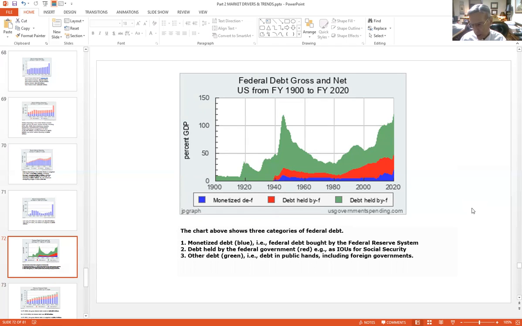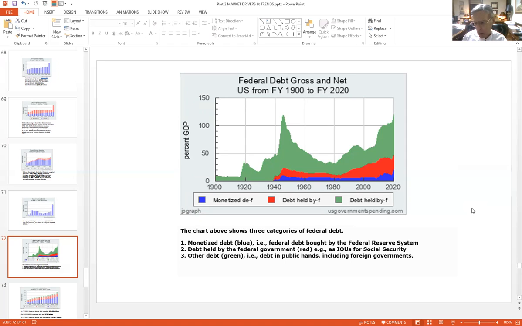And you can see that that's a pretty substantial amount. And frankly, it's kind of difficult to imagine how that gets paid back. So the real debt payable is in the green wedge. And you can see it's the highest and it's growing the fastest.